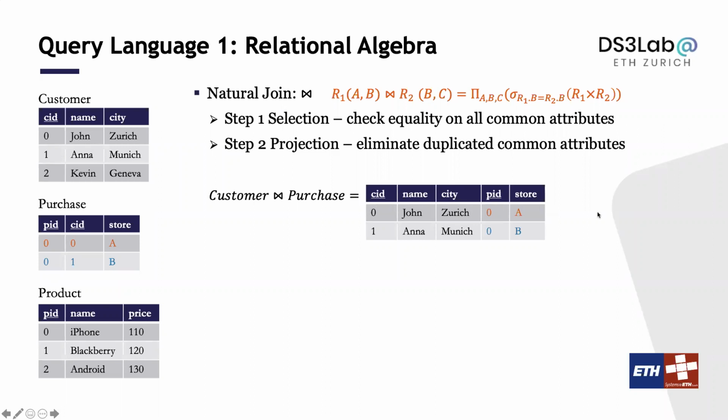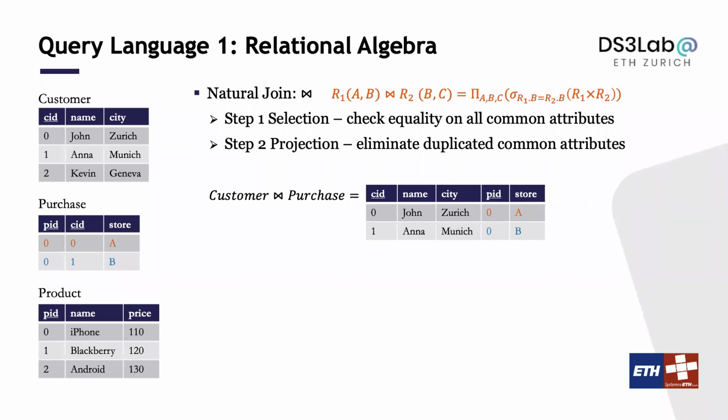Okay. So intuitively, if you have one relation, customer, storing all the customers, and you have another relation called purchase, storing the information about which customer purchases which product, and you do the natural join between customer and purchase, you are trying to find which customer purchases which product.